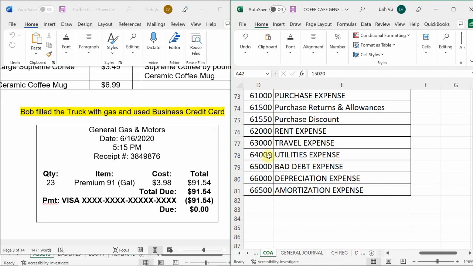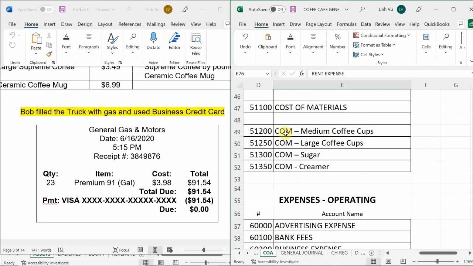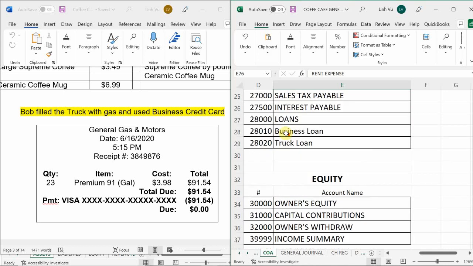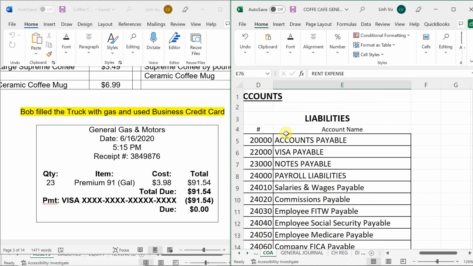Now, how did I pay for it? A business credit card? Yes. So what is that? What kind of account is a business credit card? Visa payable. Liabilities. It's a liability. Because when we charge money on a credit card, is that money that we own?